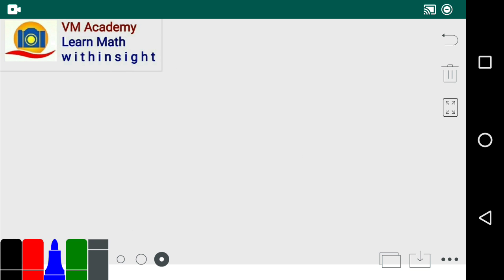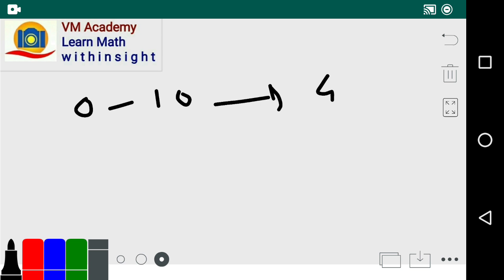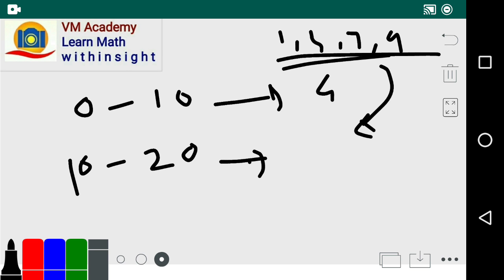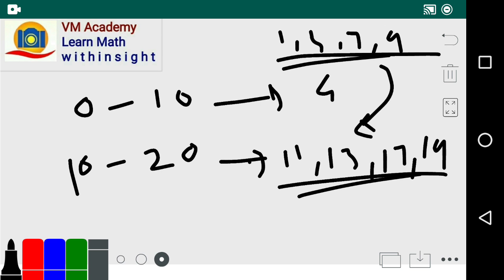In this manner we can conclude that from 0 to 10 we have 4 relatively prime numbers, that is 1, 3, 7 and 9. If we add 10 to each, we get 11, 13, 17 and 19, these 4 numbers as co-prime numbers.